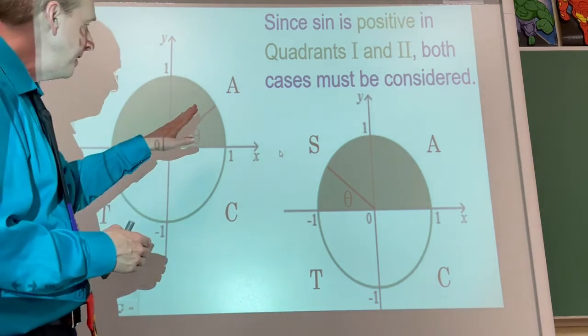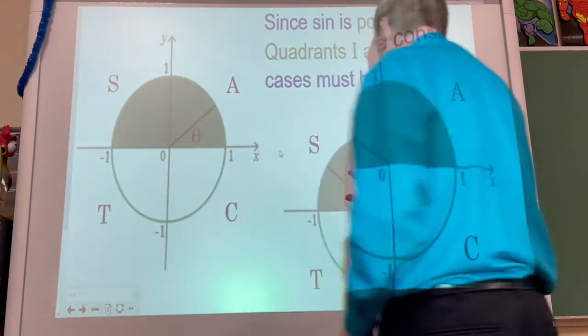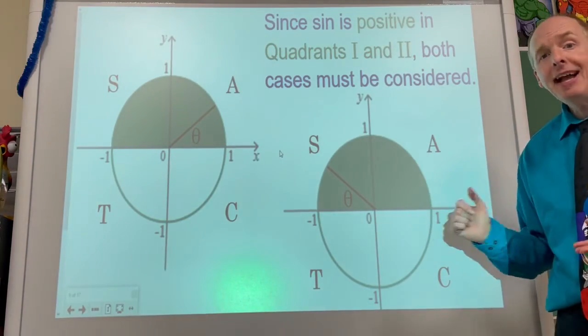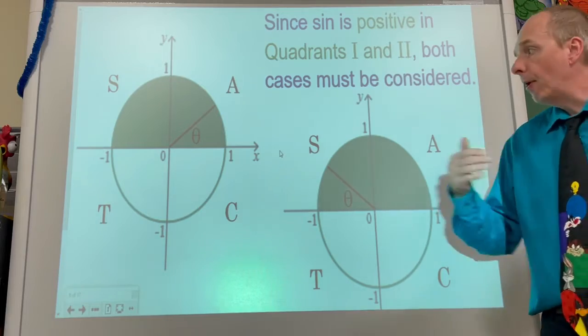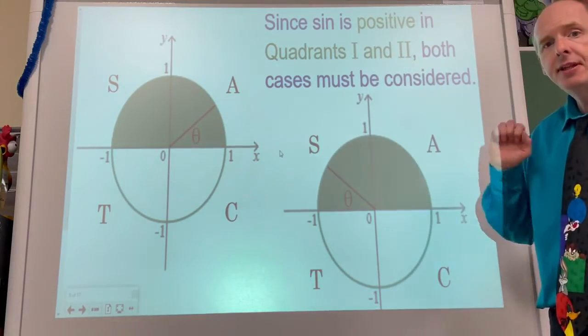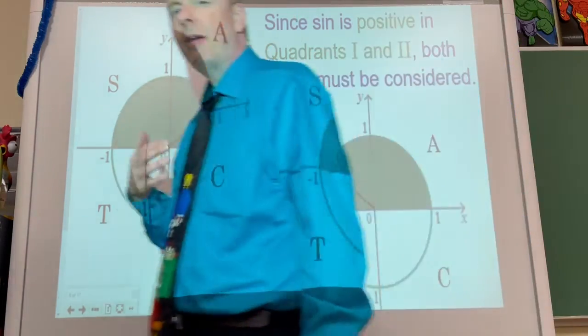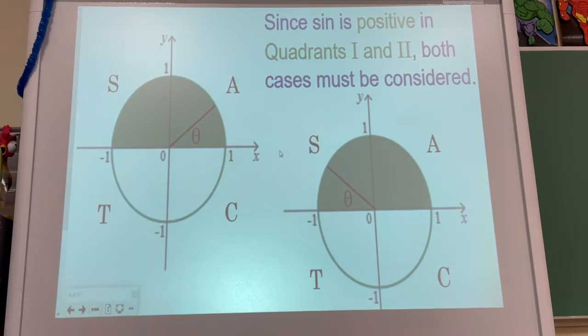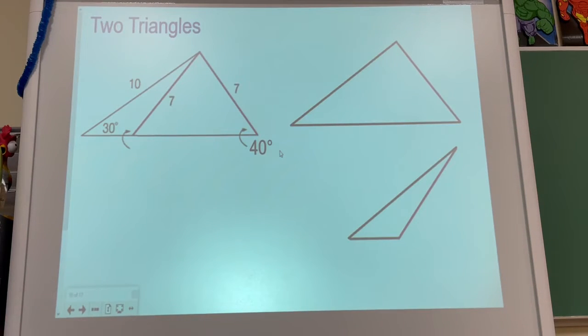We have the same reference angle here or here, so it's the same sine values. The only difference is one's going to be a positive, one's going to be a negative. And that's why we're getting this ambiguity here. So we get two possible triangles in the ambiguous case if there are two solutions to be had. Let's take a look at what's going on.